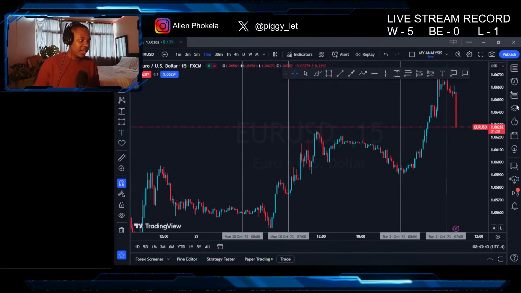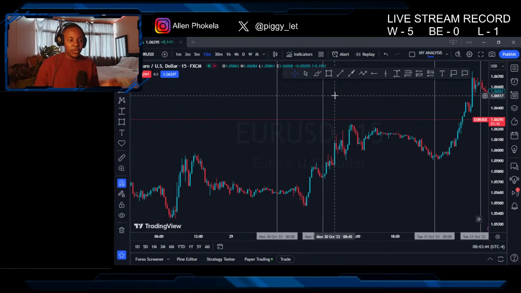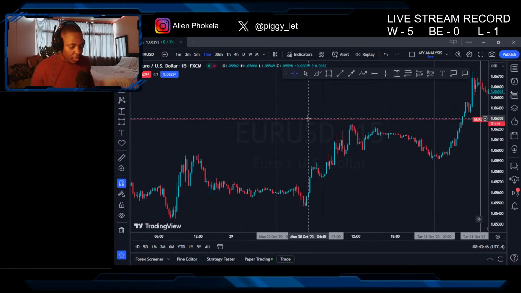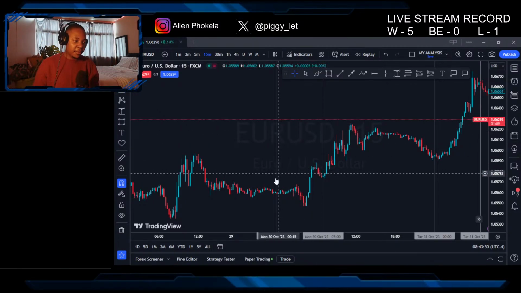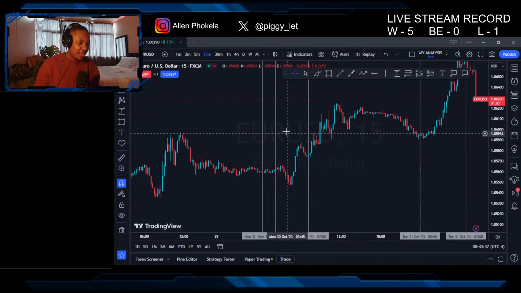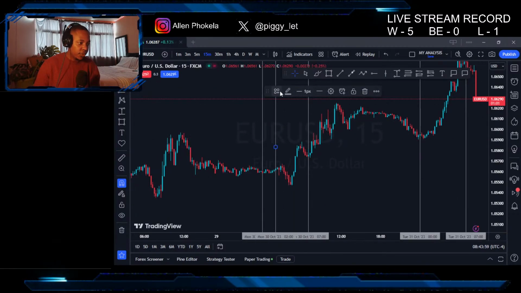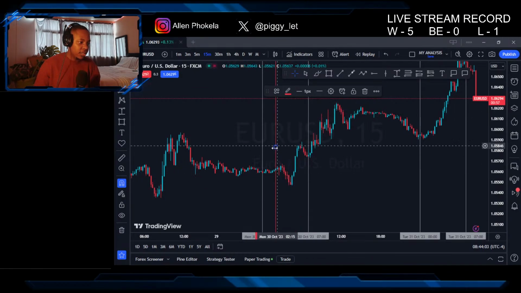If you wanna find the London kill zone, the London kill zone is from 2 a.m. until 5 a.m. So I'm just gonna do that there. Let's turn this one red, because it's the kill zone.